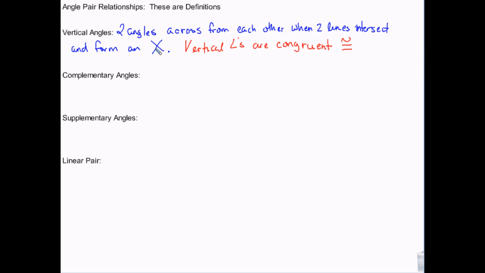So whenever you have these vertical angles that are formed, this angle is vertical to this angle, and they have the same measure.